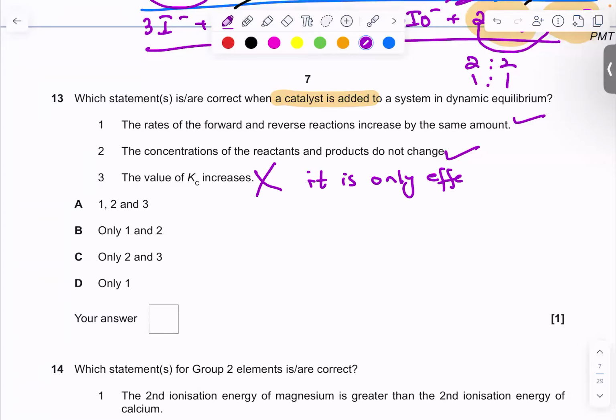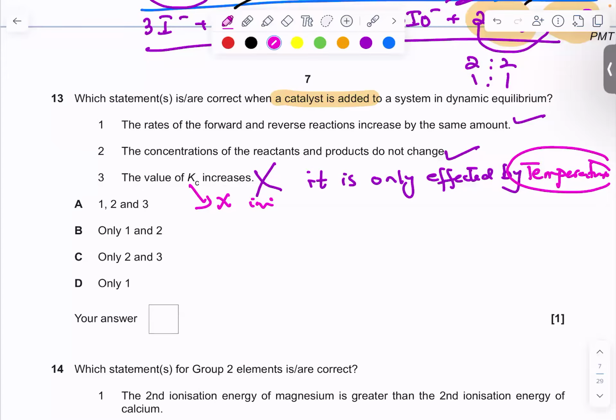Yes. Kc is not affected by the initial or final concentration of the reactant or product, or the rate of the forward or backward reaction. It doesn't get changed. It only changes when the temperature changes.